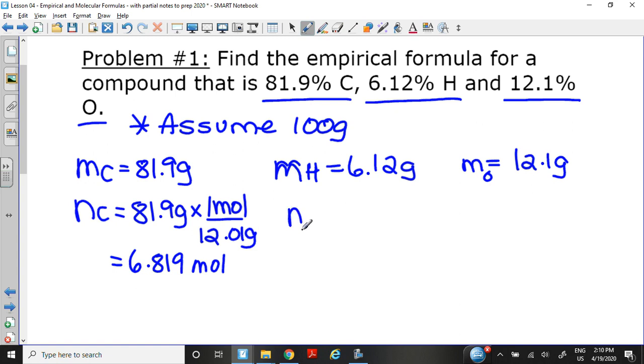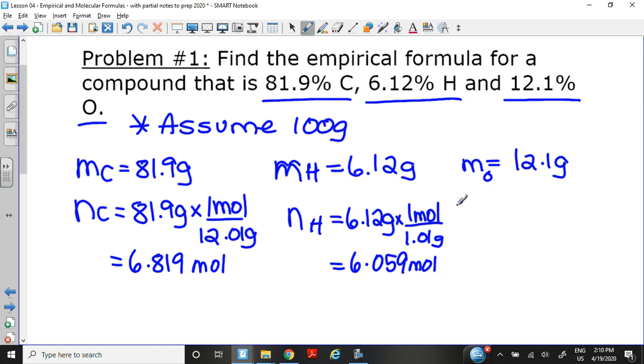So for hydrogen, we want to find the moles of hydrogen. So 6.12 grams. And we're going to do the same thing, divide by its molar mass, which is 1.01 grams per mole. And we should get 6.059 moles. And then one last time with oxygen, 12.1 grams.